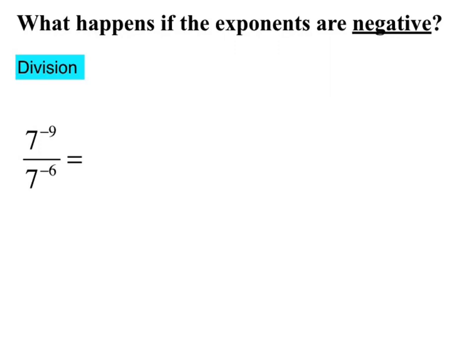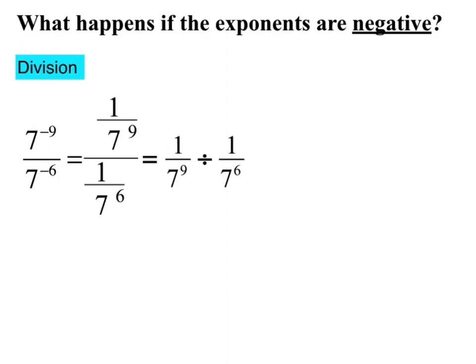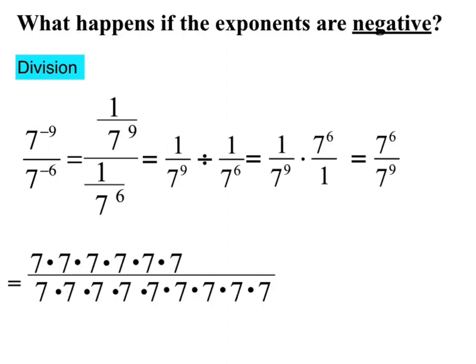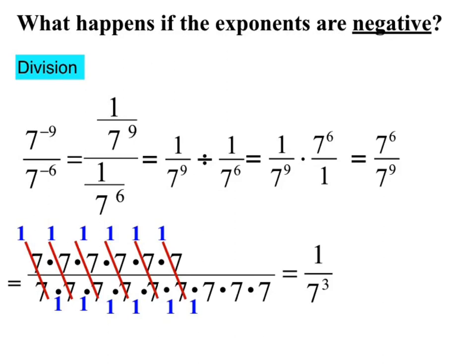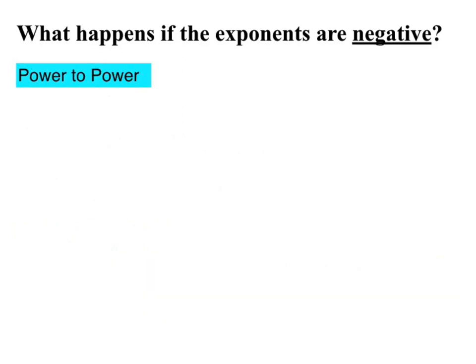It's 7 to the negative 3 power, which is then 1 over 7 to the 3rd power, because negative 9 minus negative 6 is negative 3. This is the long way of getting there. And there's another long way of getting there. But if you had subtracted exponents correctly, you would have gotten to 7 to the negative 3 very quickly, and then we would rewrite that as 1 over 7 to the 3rd.